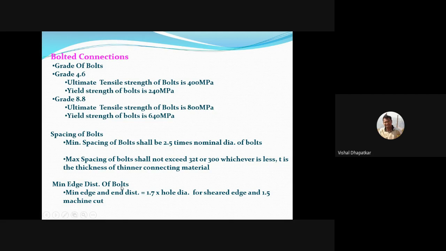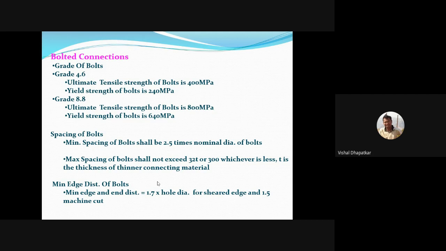Now the minimum edge distance for the bolts. The minimum edge distance is 1.7 times the hole diameter for a sheared edge. Sometimes we do cutting of the section on the side. In that case, the edge of the section will not be flat, or it will not be a machine cut.